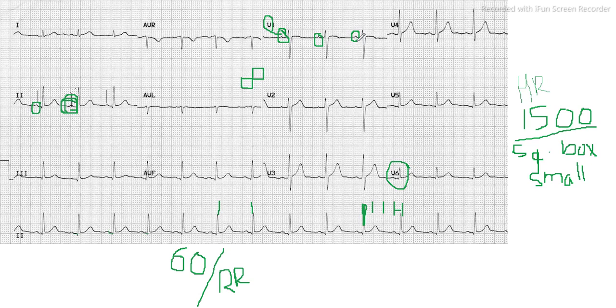Now you can check whether the axis falls under normal axis or not. So I draw here lead 1, and here aVF. In case of lead 1, the QRS complex is positive deflection, so the vector will be in this direction, that is positive deflection. This is the vector.